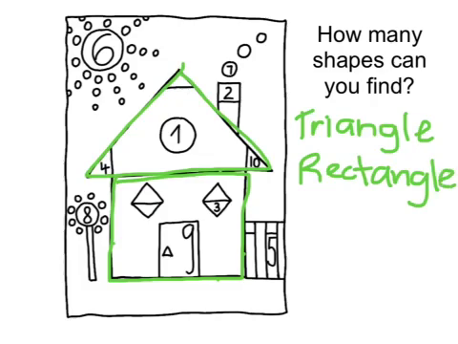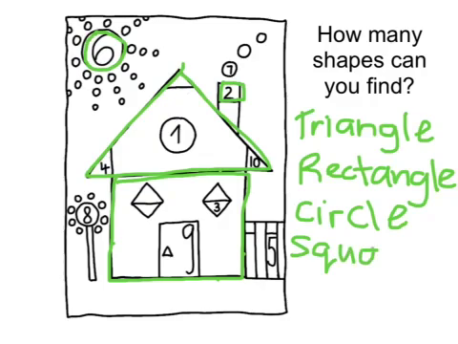What else can I see? Up here in the sun, what shape is that one? It's a circle. Here I can see a square because it has 4 edges, all edges being the same size.